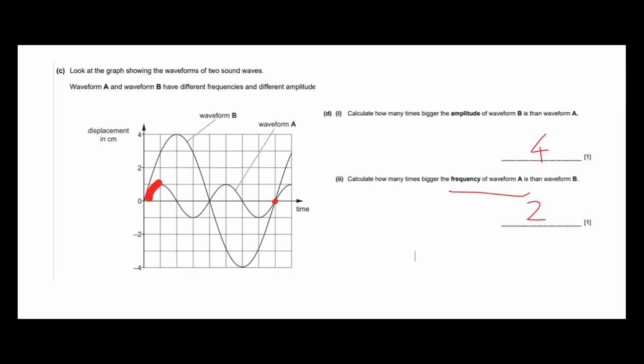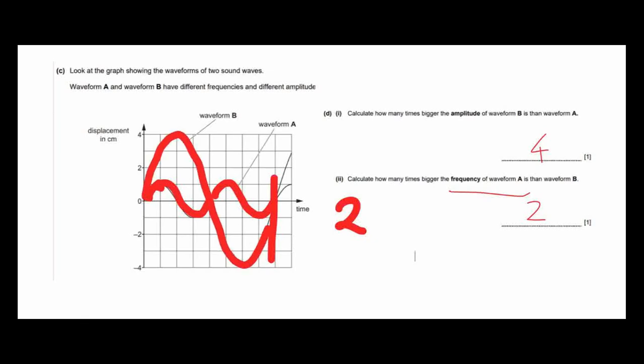So this is 1 wave, 1 peak and 1 trough, and 2 waves. For waveform A, there are 2 up to this time interval. 2 for A. For B there is 1 peak. This is only 1. So 2 over 1. That is how many times bigger: the answer is 2.